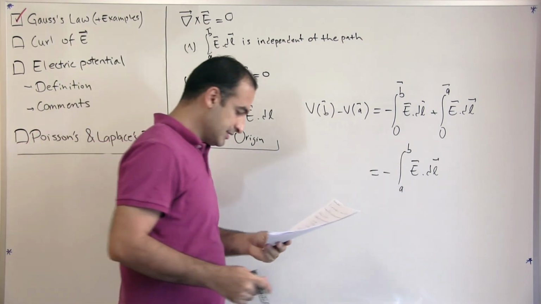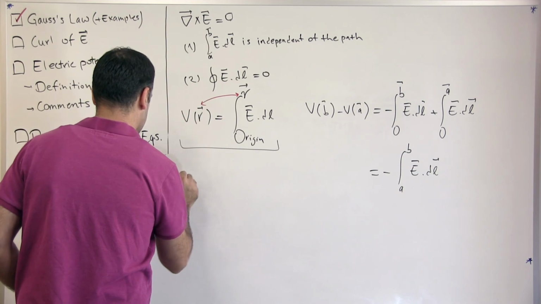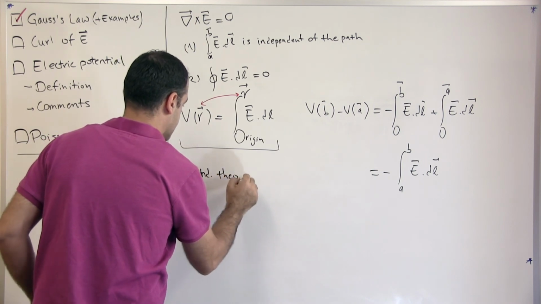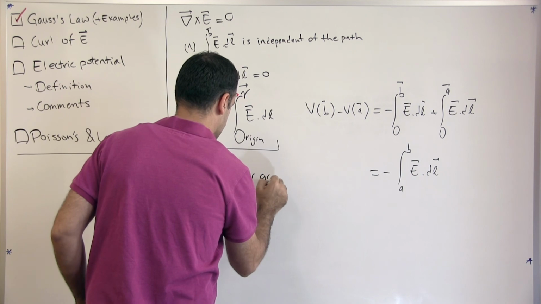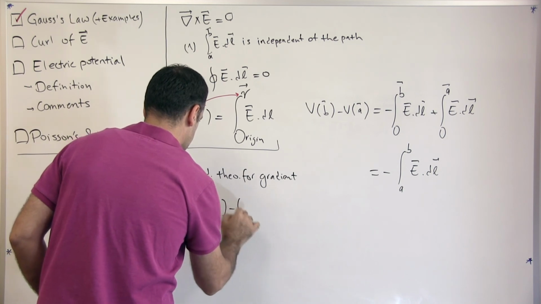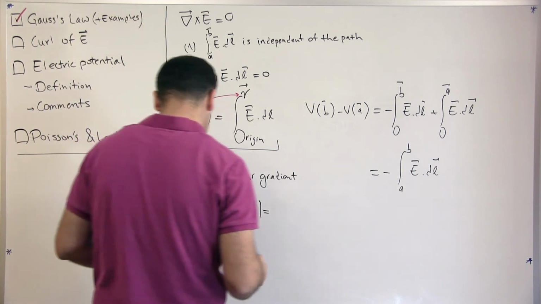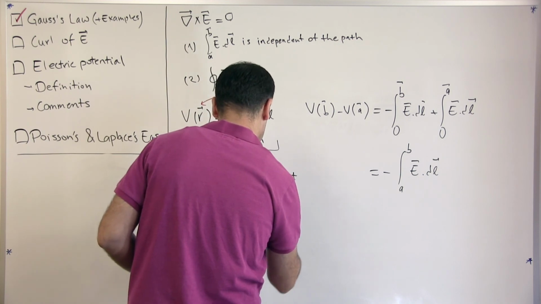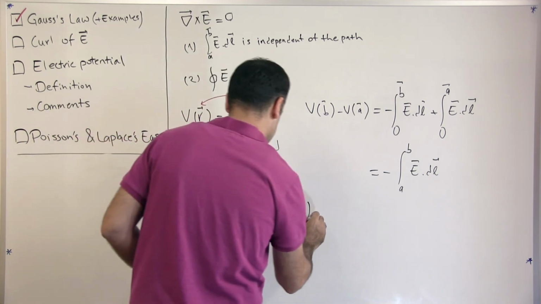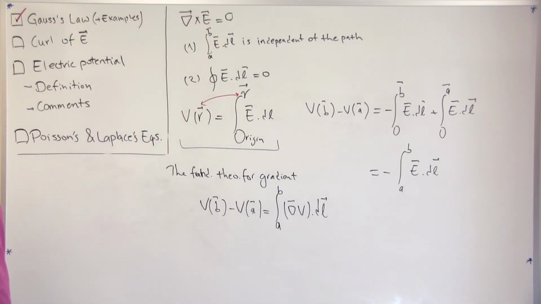And if we do this, the fundamental theorem for gradient, which was the topic of the quiz last week, says that VB minus VA is the integral from A to B of the gradient of V dot dl.